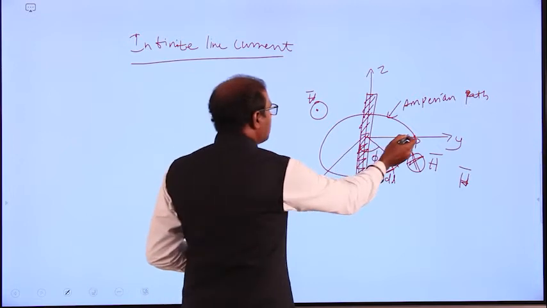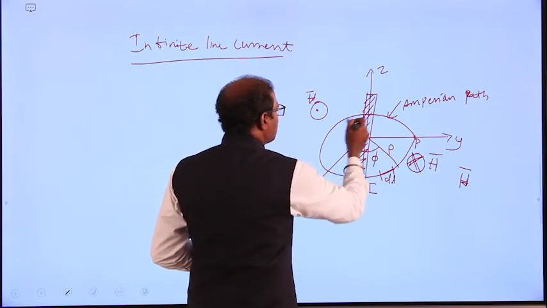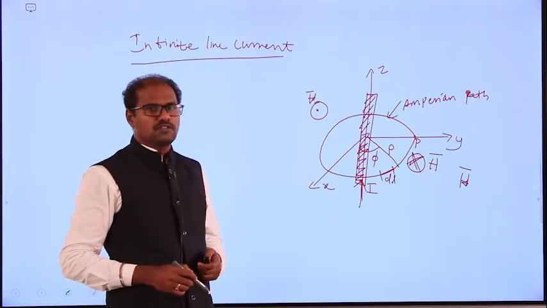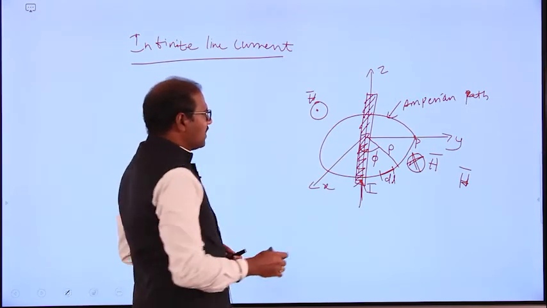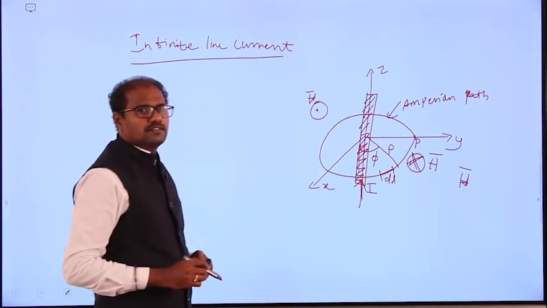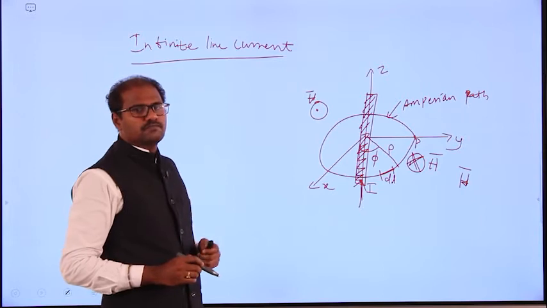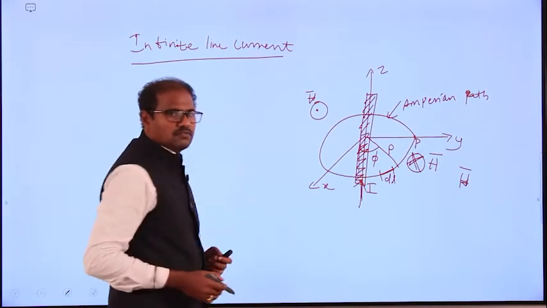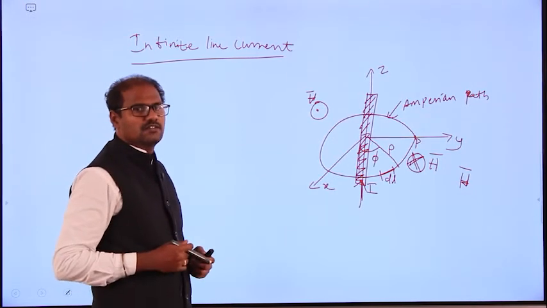The amount of magnetic field intensity around this Amperian path will be equal to the current enclosed. So we have to find out the H with the help of the Ampere circuital law. So this is a graphical representation.